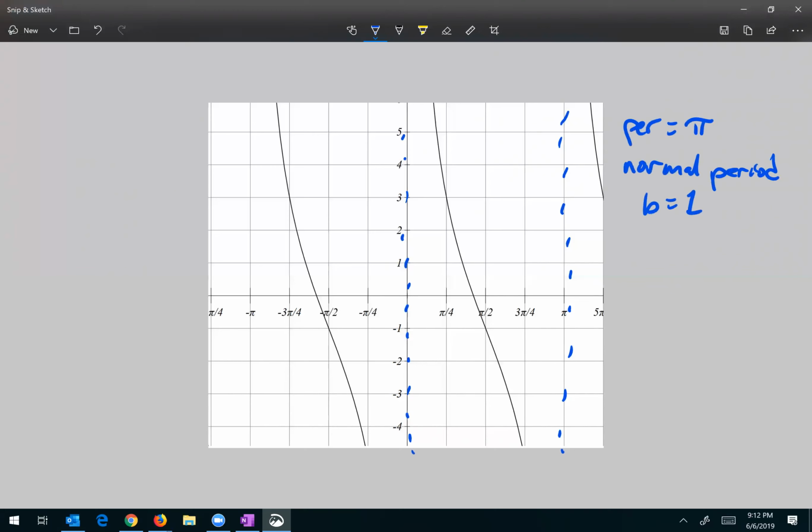Unlike sine and cosine, where the b is 2 pi over the period, for this one, it's pi over the period. Well, pi over pi would be 1. If it's the normal period, you haven't stretched it at all horizontally. But let's look at the midpoint between the asymptotes. That's right at pi over 2. Notice instead of being at 0, it's at negative 1. That means that there's a negative 1 vertical shift.